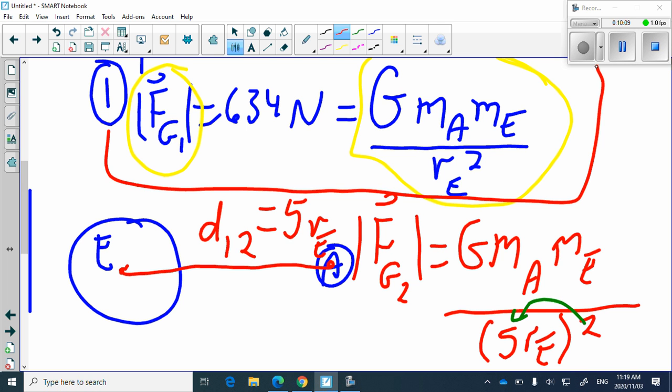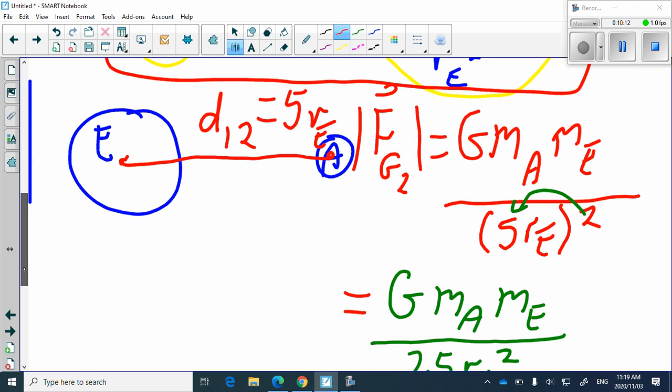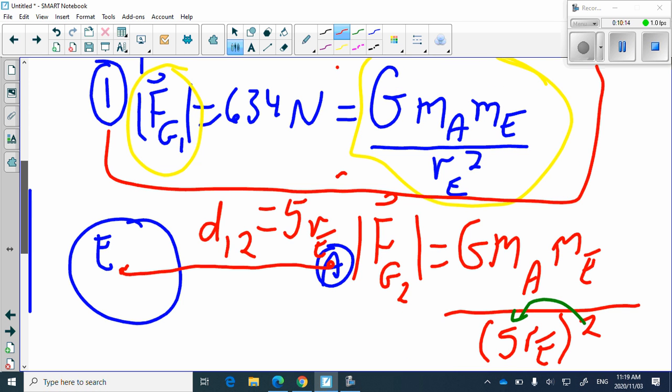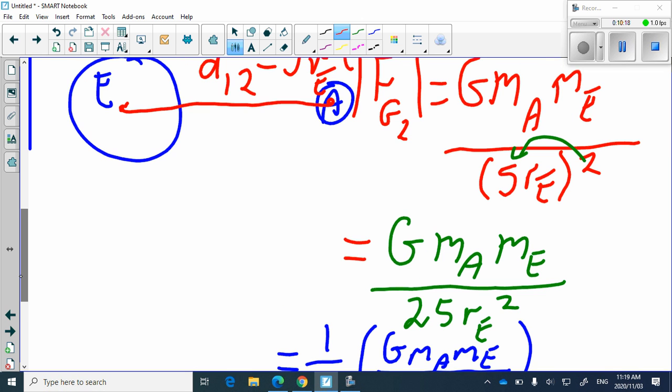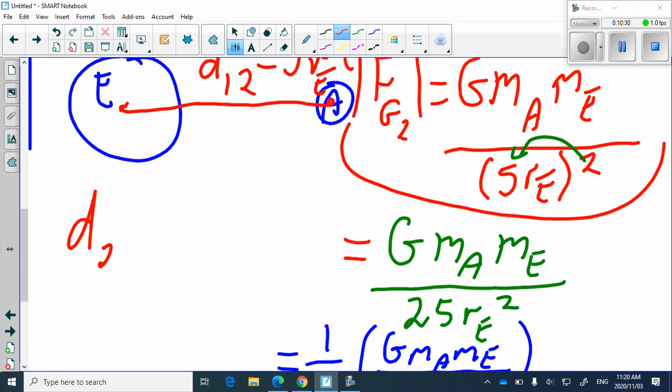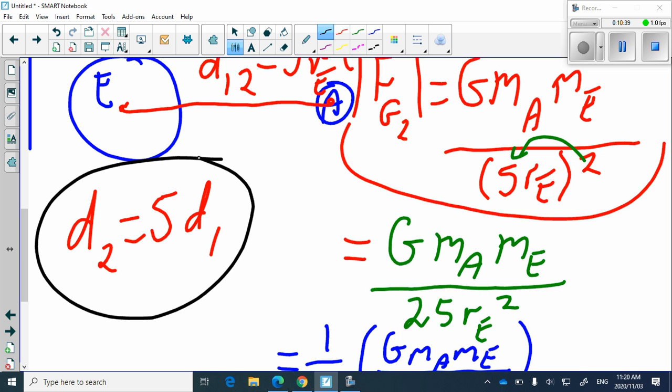Then I came up with an equation for situation 2. There it is. And I needed an equation to link these two. And the equation to link these two was that the distance in the second situation was 5 times the distance in the first situation.